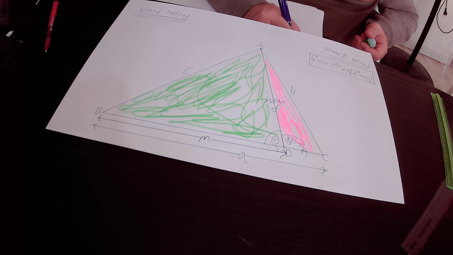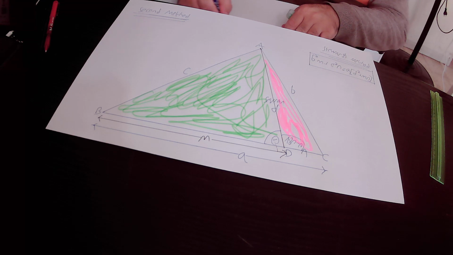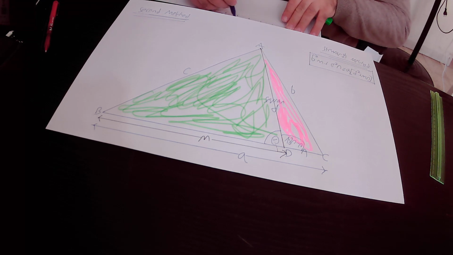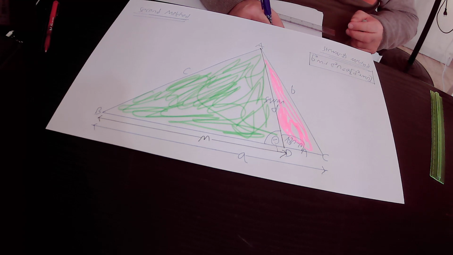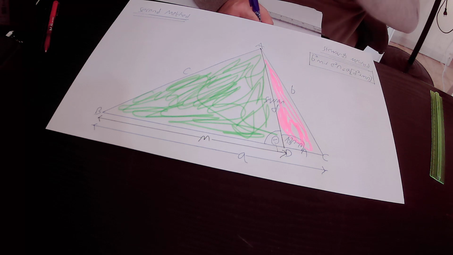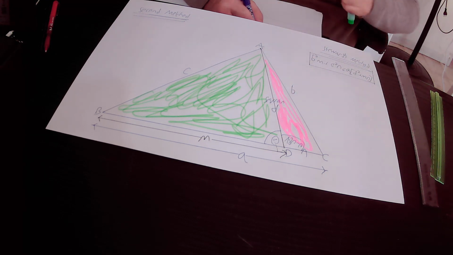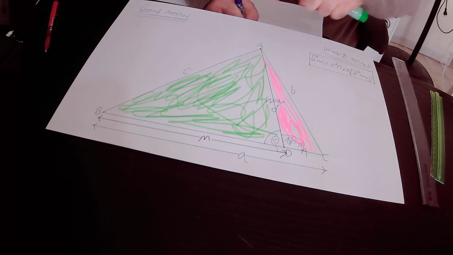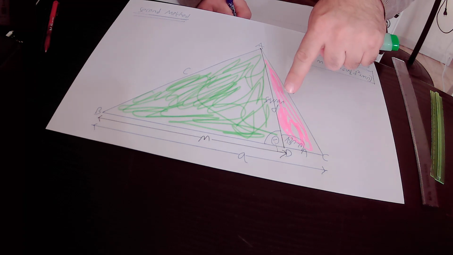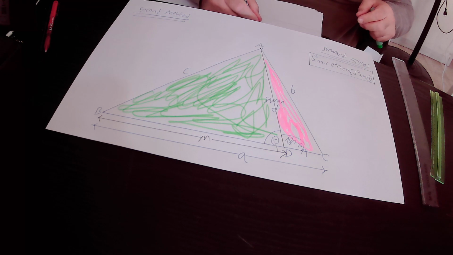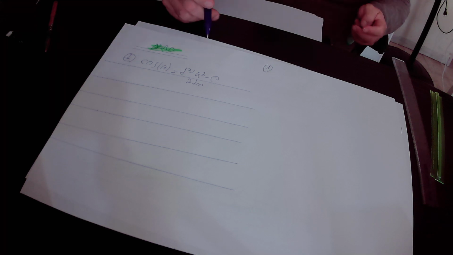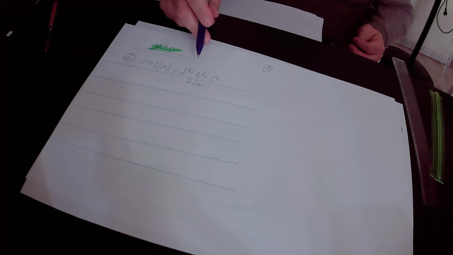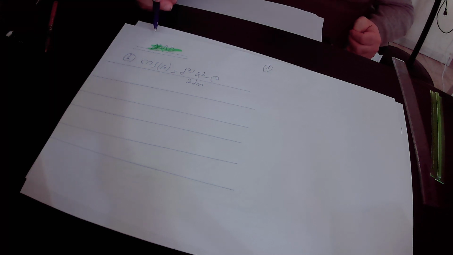According to the law of cosines, we'll get that cosine theta equals D squared plus A squared minus C squared over 2 times D times M. So actually, this equation number 1, cosine theta equals D squared plus A squared minus C squared over 2 times D times M, is the implementation of the law of cosines in the green triangle ABD.